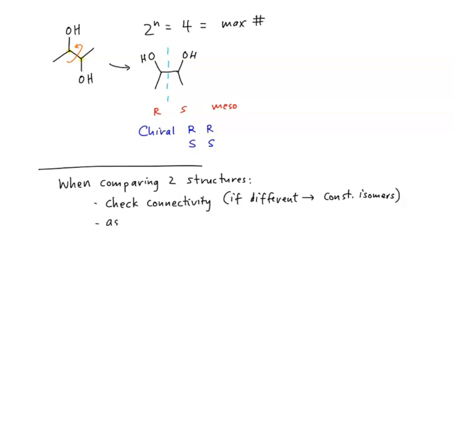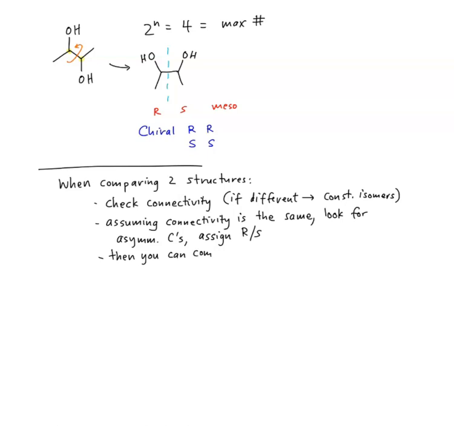Assuming the connectivity is the same, you would go ahead and look for asymmetric carbons. So find your asymmetric carbons and assign absolute configurations. We'll just say assign R and S. Then you can compare the two structures just using the absolute configurations.